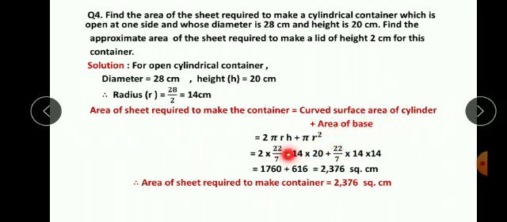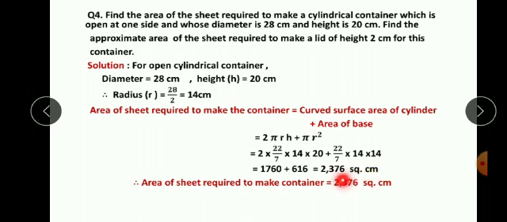Now substitute the value. 2 into 22 upon 7 into r is 14 and h is 20, plus again pi is 22 upon 7 into r square, which is 14 into 14. So 1760 plus the calculation of these three numbers, 616. So total is 2376 square centimeter.